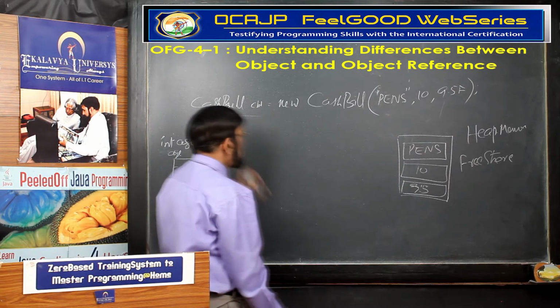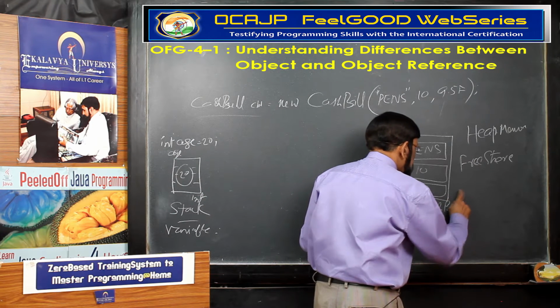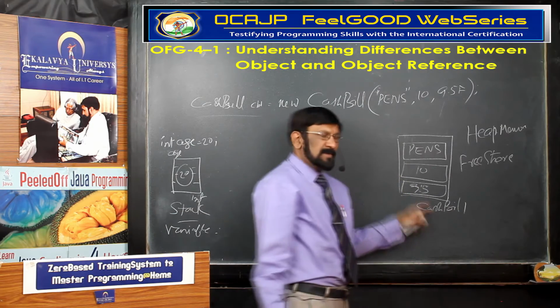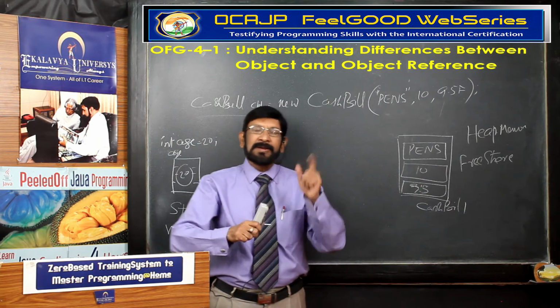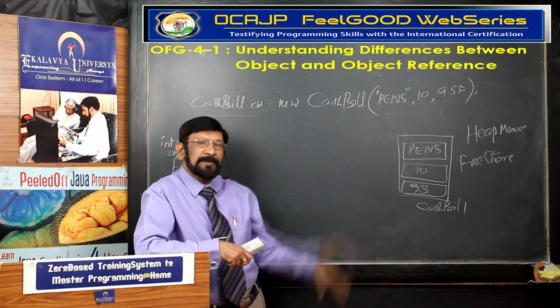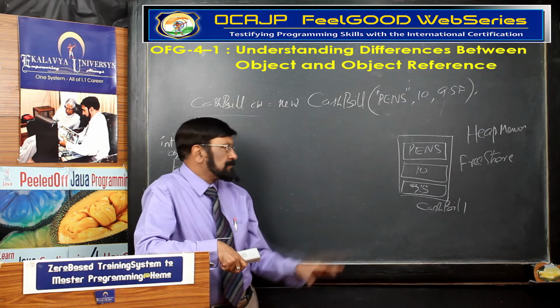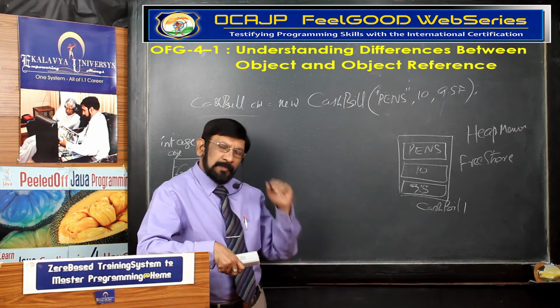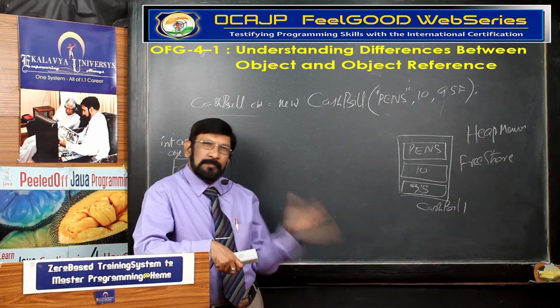Very clear. As far as this is concerned, CashBill is its type. It's a class, it's a type, and it has no name. Actually, here one limitation is there for heap memory. On heap memory, you cannot give any name directly. You can get whatever amount of memory is required allocated, no problem.